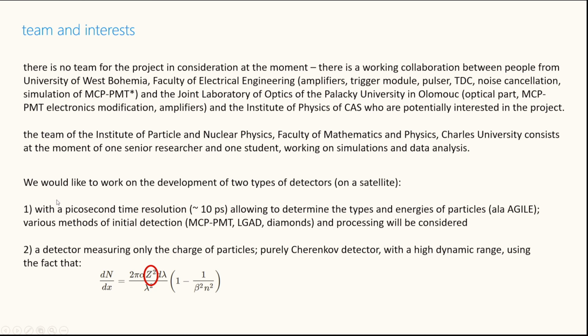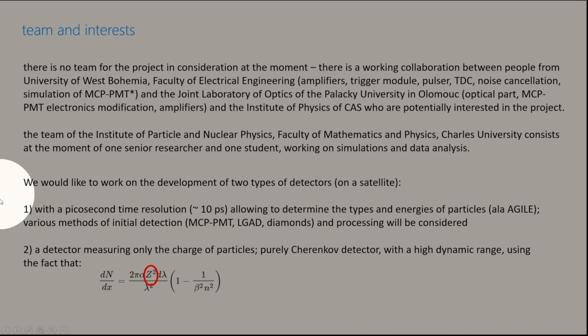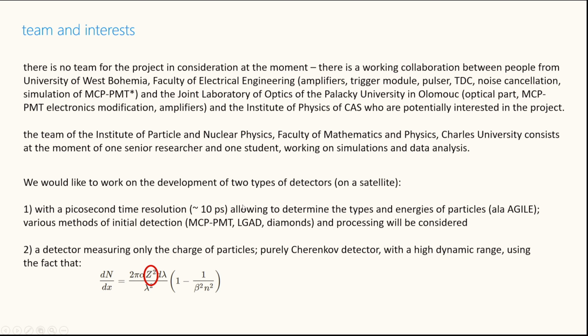Based on what I've shown you, we would like to work on the development of two types of detectors on a satellite. The first will have picosecond time resolution, and this will allow us to measure the types and energy of the particles: the AGILE project.